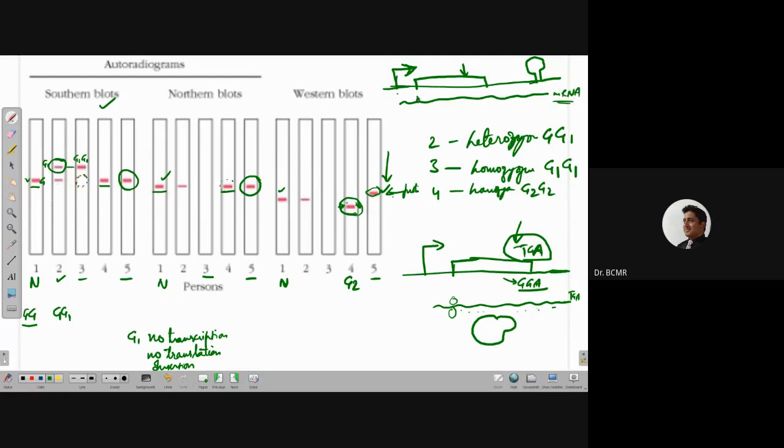The ORF is from here till here, so the ribosome will bind here and stop here. If there was a mutation, like TGA mutated to GGA, then the new ORF would extend until wherever the next stop codon is. Say there is a stop codon here. Now the ribosome will bind here and translate until that stop codon. Is that understood? The mRNA size doesn't have to change in that.